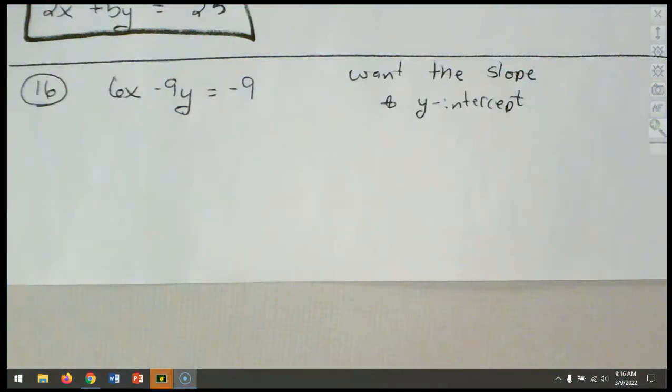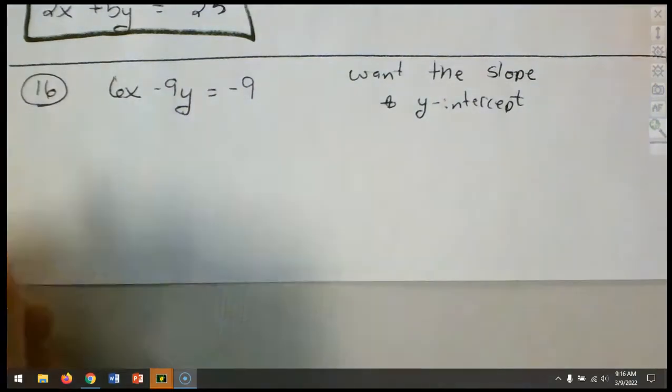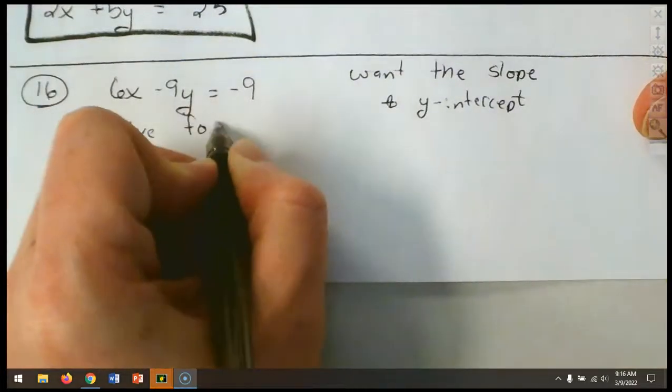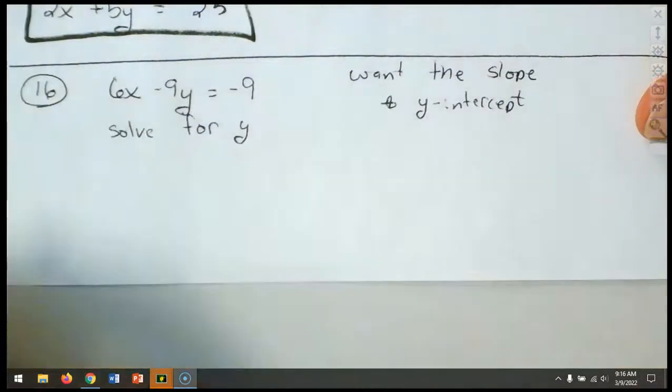So what would happen if we use the slope-intercept form? Okay, it's got what we need in it. We want the slope, we want the y-intercept. We have a formula that has that name in it. The slope, the slope-intercept form, right? So that's what we want. We want to get it in slope-intercept form. So we're going to have to now solve it for y. That's going to get it in slope-intercept form.